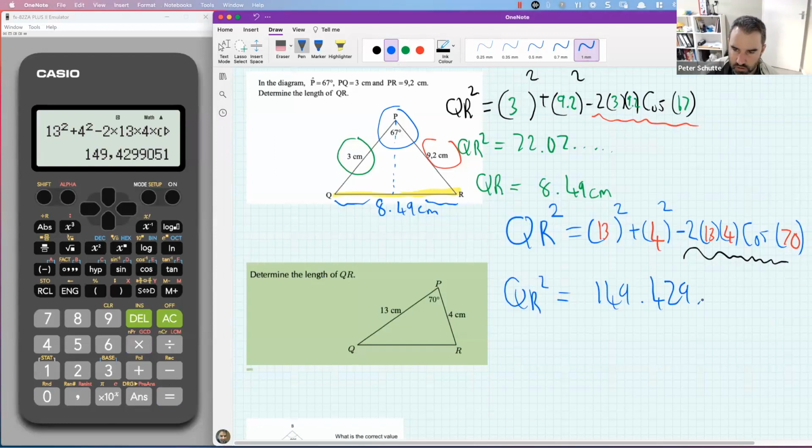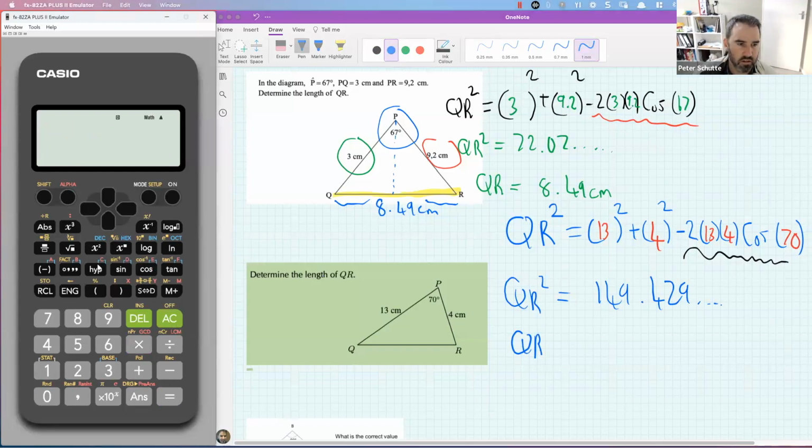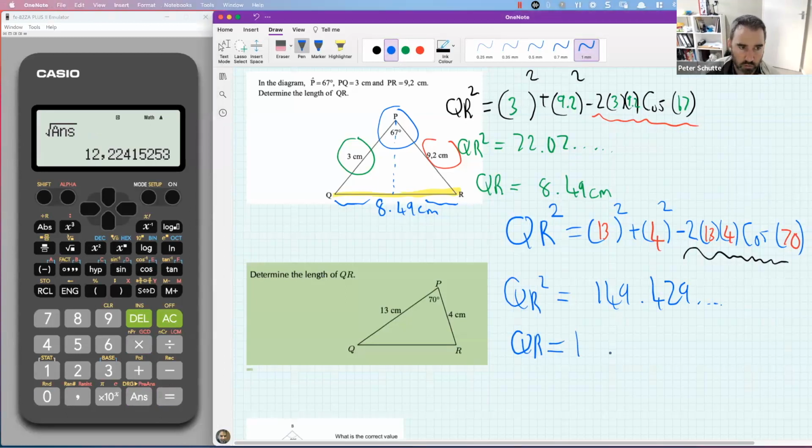What I'm after is QR. And so QR is going to be, so I'm going to go AC, square root answer, and I should get 12.22 centimeters. This is not an area. What this works out is the length of this side over here.